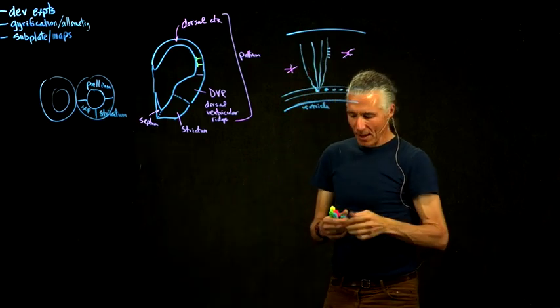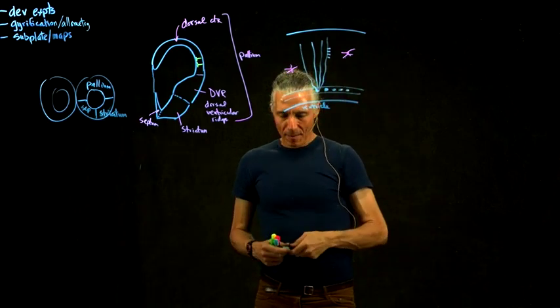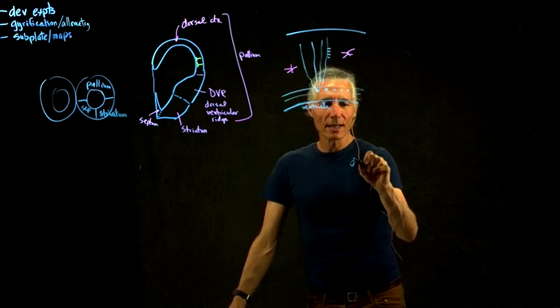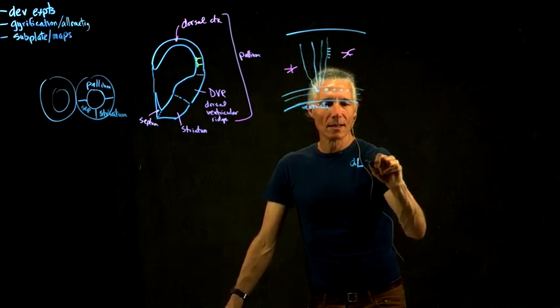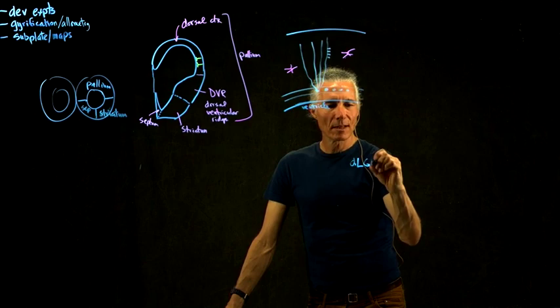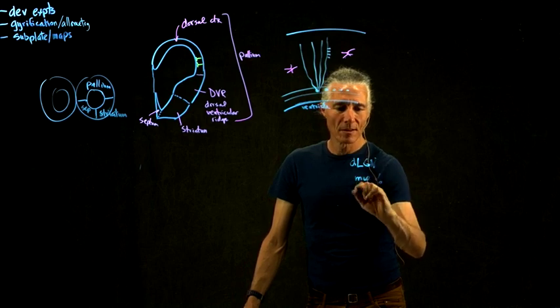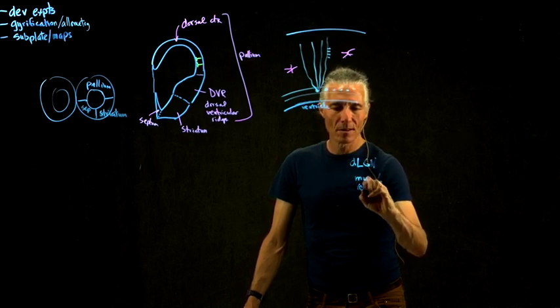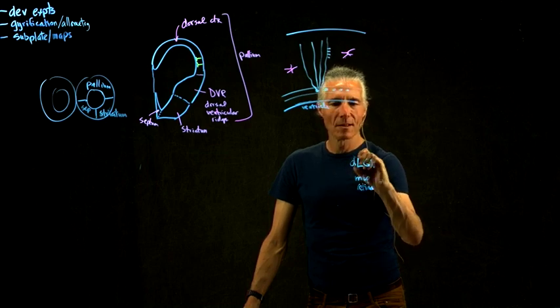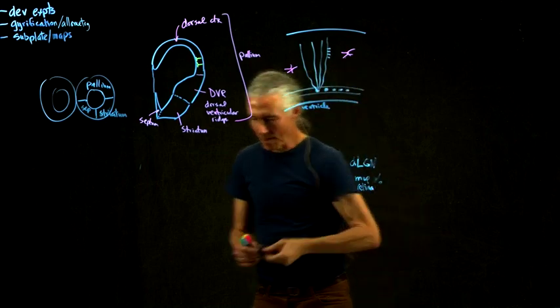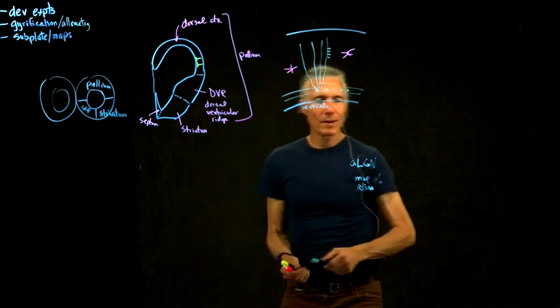When we look at how the connections come in, the dorsolateral geniculate in a turtle has a map of the retina in it.